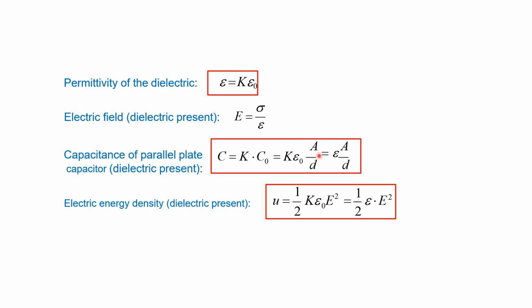Or this is equal to epsilon times A over d, where epsilon is the permittivity of your dielectric, equal to K times epsilon naught. And for the electric energy density, when the dielectric is present, you have your small u that's equal to 1/2 K epsilon naught E squared. So we're just inserting or multiplying your constant K into your equation.